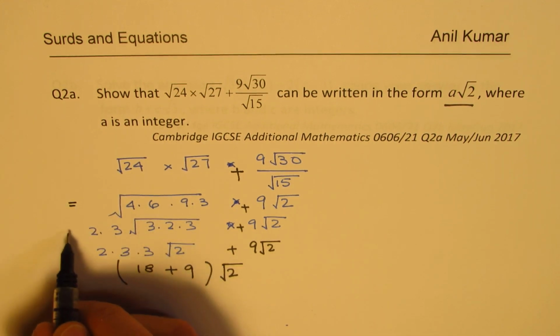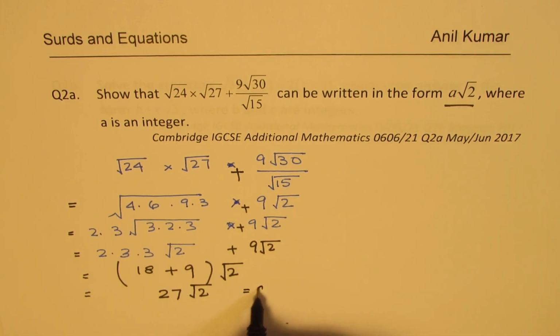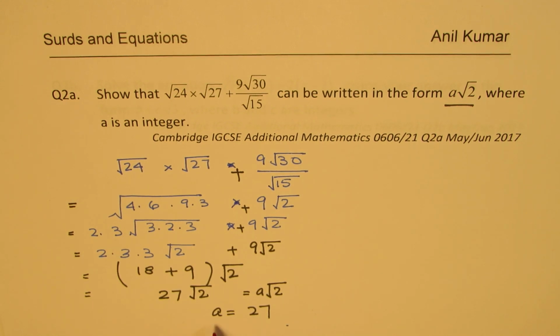So this is equal to what? This is equal to 27 square root 2. So if you are comparing with a square root 2, that means a is equal to 27. So that is the answer which you should be writing, correct?